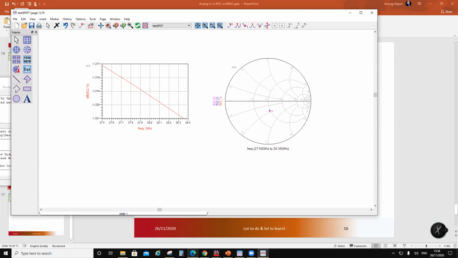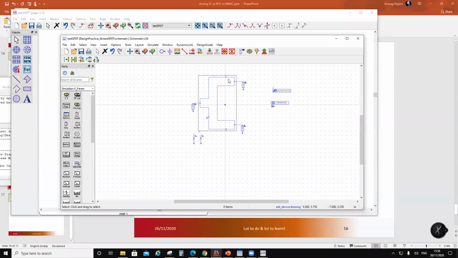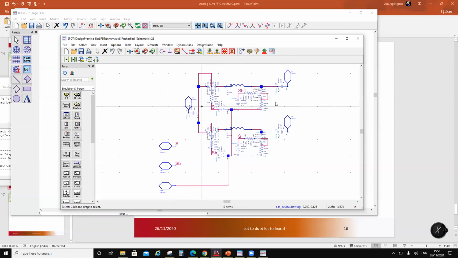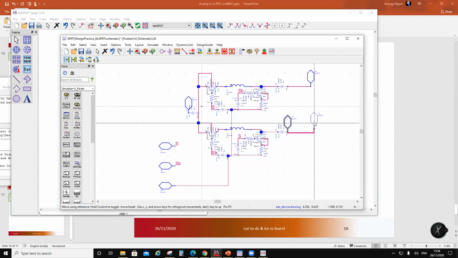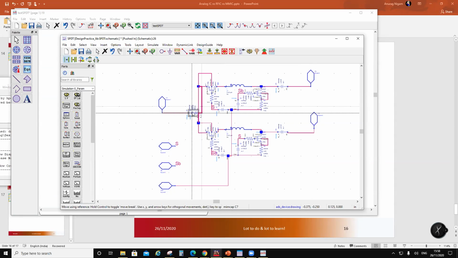Okay, so in my switch, let's go inside. Over here, there are 2 ways of doing this. One is I can increase this capacitance, which will have a little bit of control, not much.